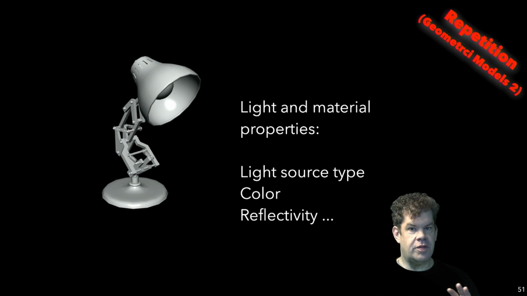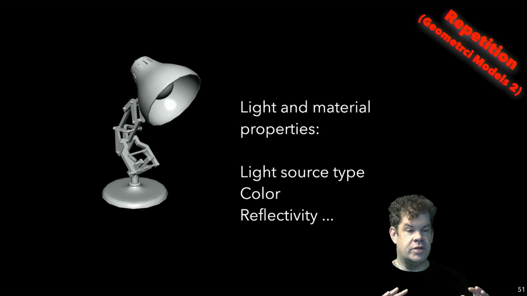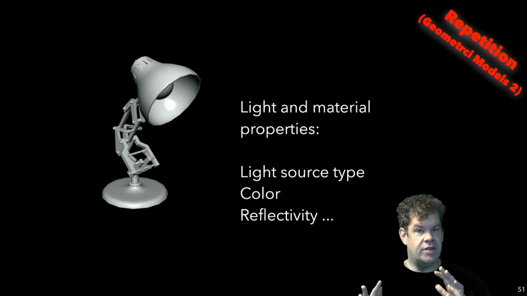I don't want to talk about this all over again in much detail. You know that there are light sources such as point lights, directional light sources, spotlights, and so on, or area light sources as a very special type of light source. But just keep in mind that all of this is necessary to compute lighting.